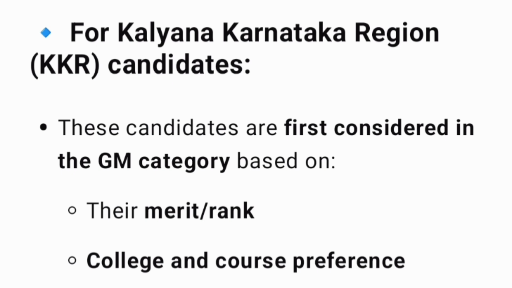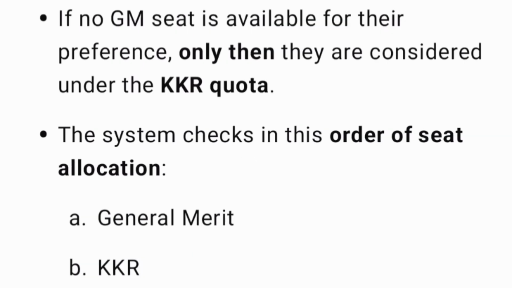That is not good news for the general merit student, because KKR students will also take some of their seats. Every time a KKR student's seat is checked, it will first be checked in the GM seat, not in the KKR. If no GM seat is available in the preference, then only will the KKR student be checked for the KKR quota. So remember that the order of allotment is that any KKR student will first be considered for GM, and then for the KKR seat.